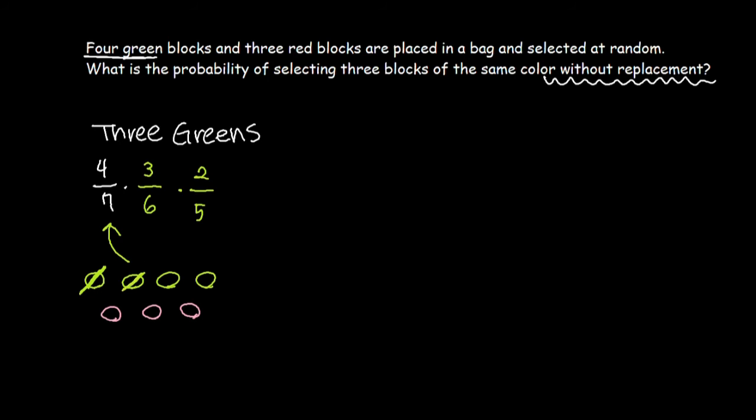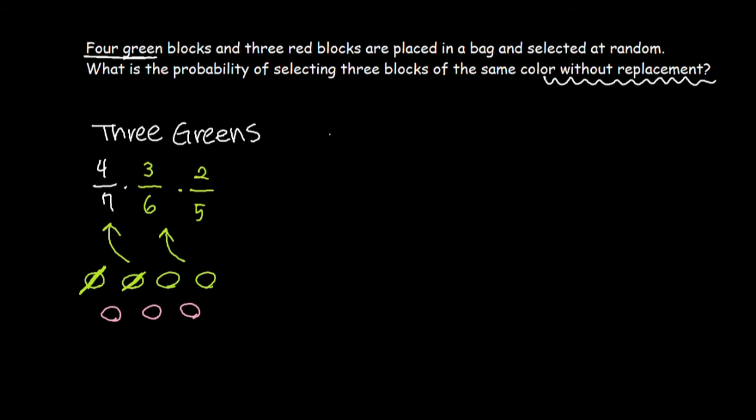When you eliminate another green block, you're going to be left with 5 blocks, and only 2 greens, which is this case. So always remember that whenever it says the word without replacement, you're always subtracting 1 from the denominator and also 1 from the numerator. So that's the easier way to remember it.